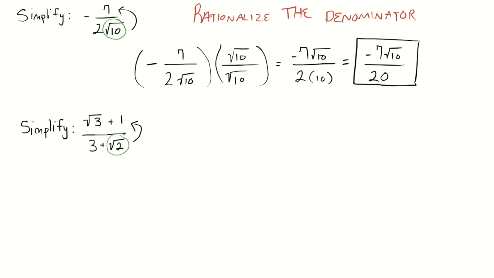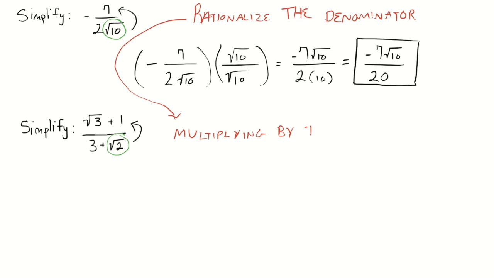So we have this case where the radical is being added to something rather than being multiplied as it was up here, and we have a simple solution. It's called multiplying by the conjugate. In the name of rationalizing the denominator, of course, we're still trying to do that.